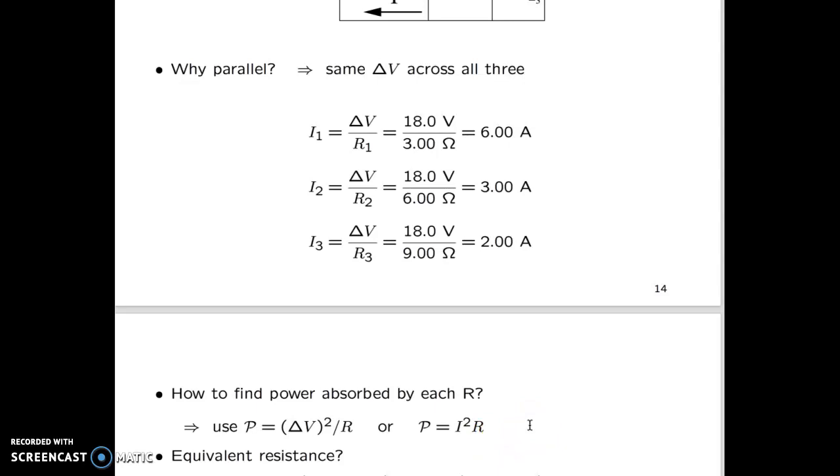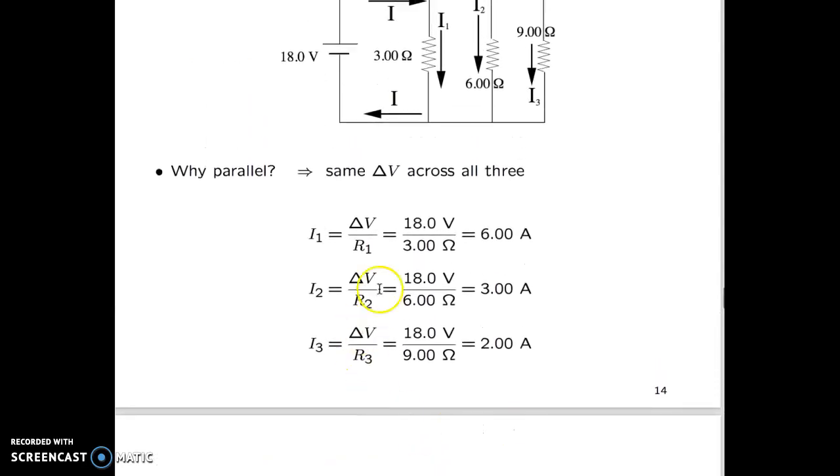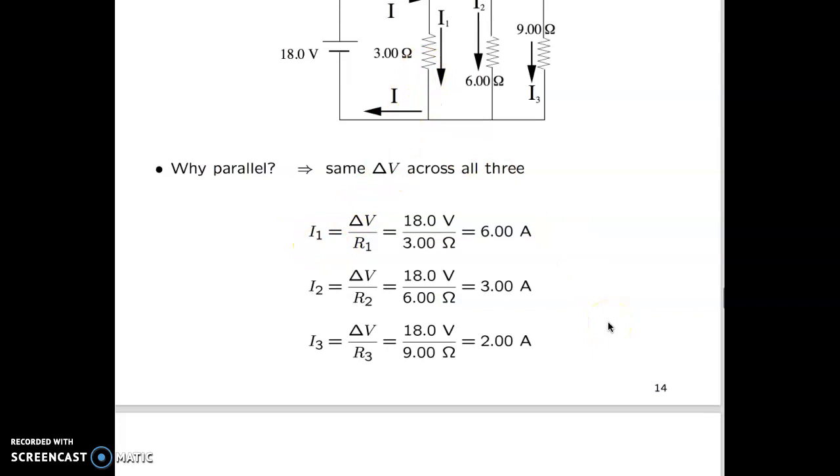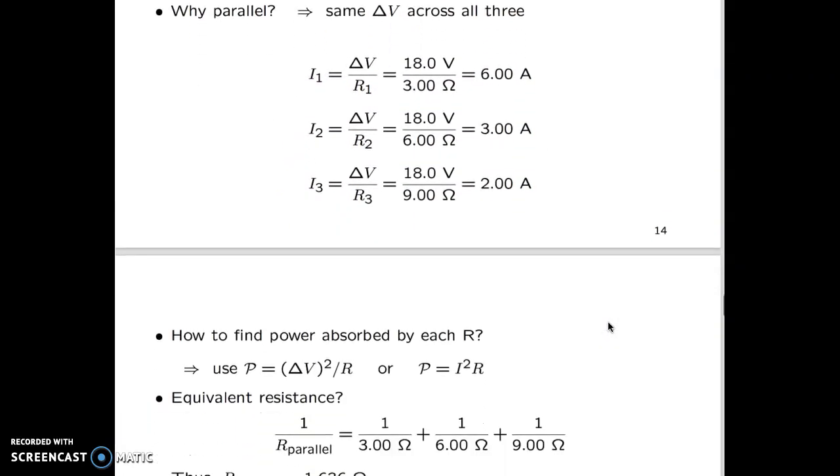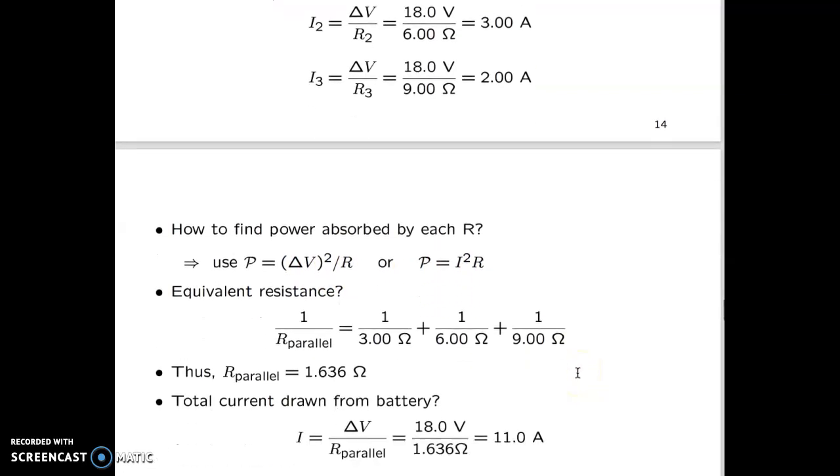So if you want to know the power, the energy per unit time created as heat in resistor R1, you would use the current I1 that flows through that resistor. It's not the total current. What matters when you use this equation is the voltage across that resistor, or the current which flows through that resistor.